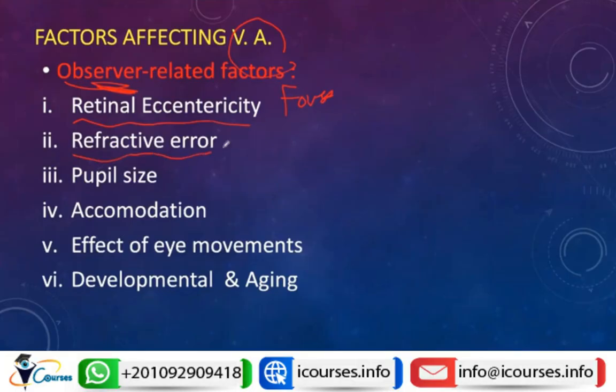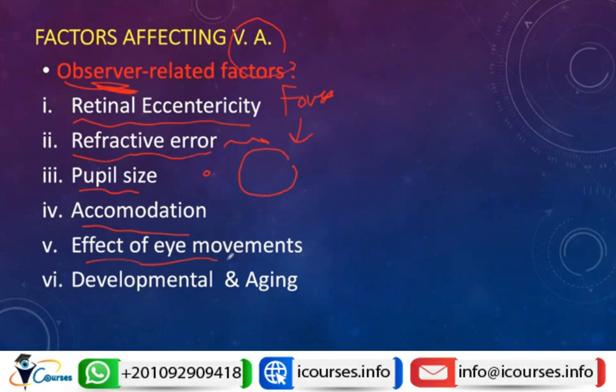If the patient has a refractive error, this will decrease the visual acuity, of course. If the pupil size is very small, as you mentioned, it will limit the visual acuity by diffraction, and if it is very large, it will limit the visual acuity by aberrations, either spherical or chromatic. Accommodation can affect the visual acuity itself, especially for near vision.